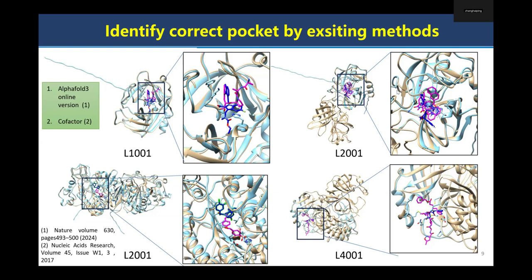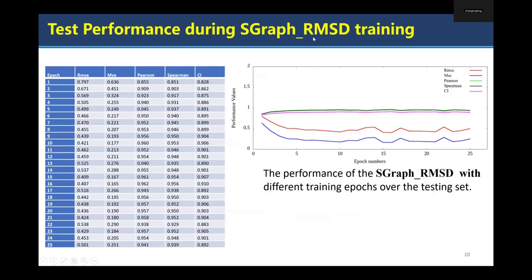We see this in these four protein cases. For the testing performance during S-graph RMSD training, we observed very quick convergence, around 20 epochs.